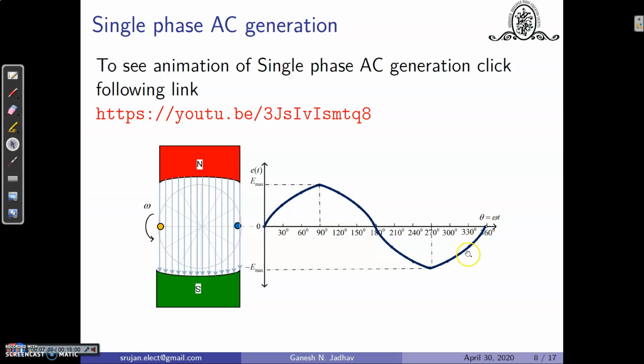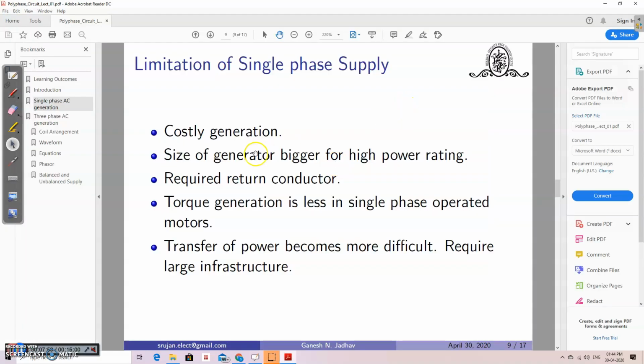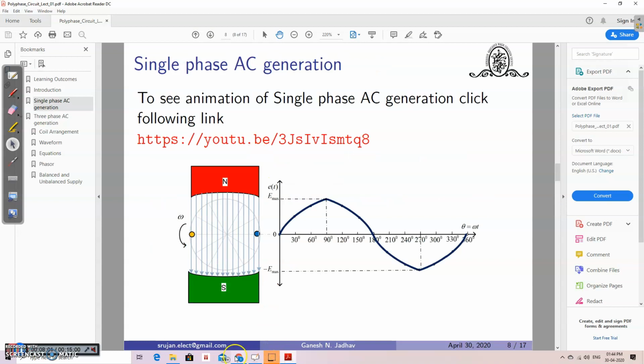It indicates that it is a sinusoid. This is the instantaneous EMF with respect to theta, that is, omega t. So let's see the animation of this video.